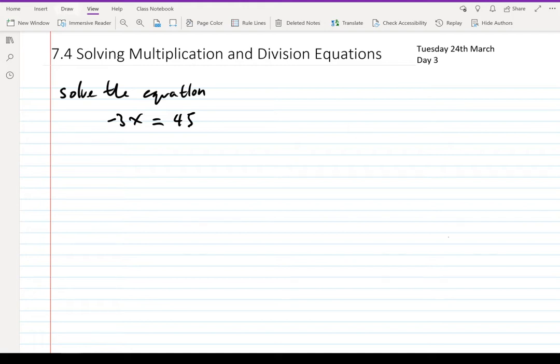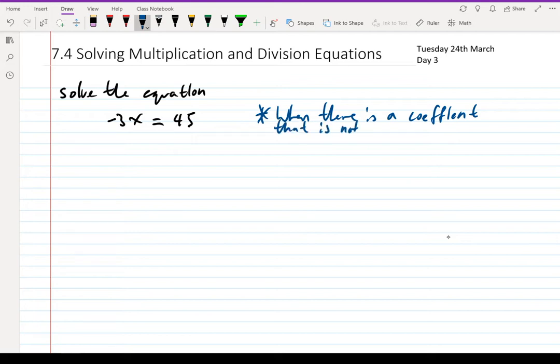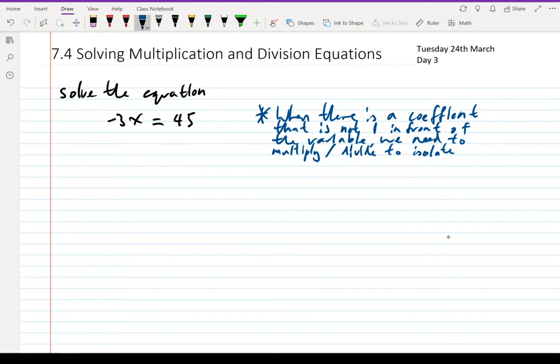So quick note here: when there is a coefficient that is not 1 in front of the variable, we need to multiply or divide to isolate the variable. Okay, so we need to do this when it's not 1.